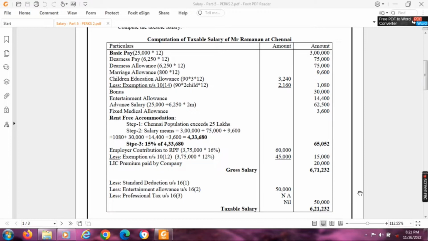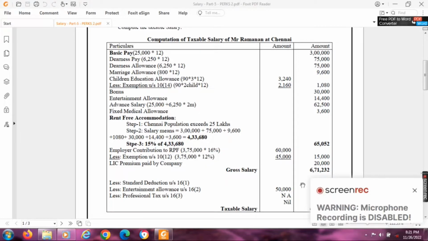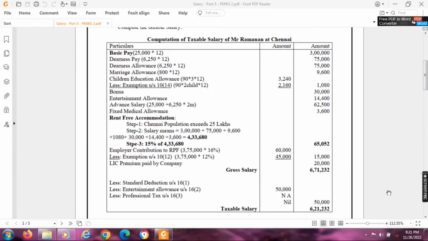Here the DNS allowance and advance salary will not be added. Salary for the purpose of rent-free accommodation, so the salary will be 4,33,680. On that, the population size exceeds 25 lakhs, so 15% of salary was taxable, in this amount, 65,052.